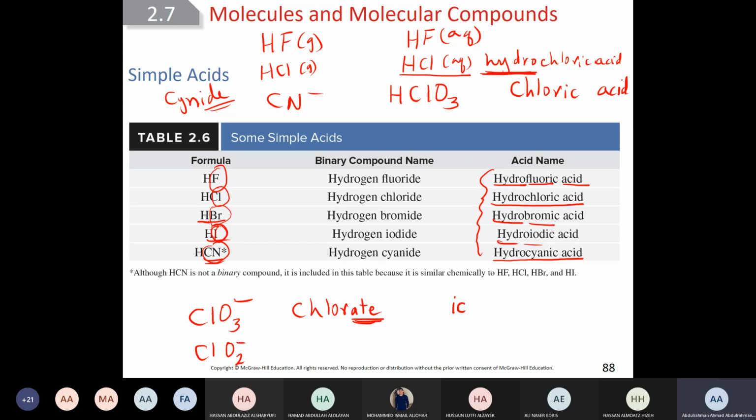ClO2 minus, what's the name of this group? Chlorite. And if it's ite, you change it to what to make it acid? ous. So what's the name of this acid?